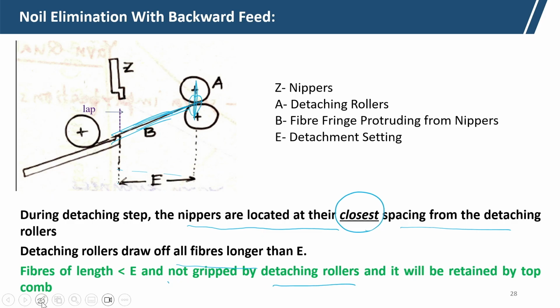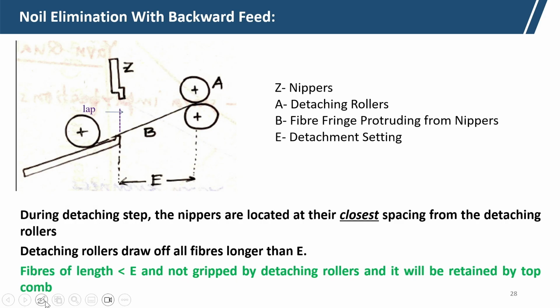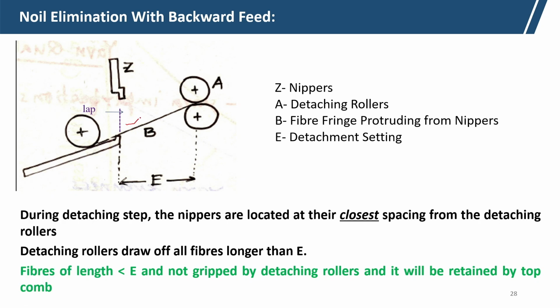Whatever fibers are gripped by the detaching roller will be taken away by it. But suppose one fiber is not gripped by the detaching roller and it is less than E, what will happen?